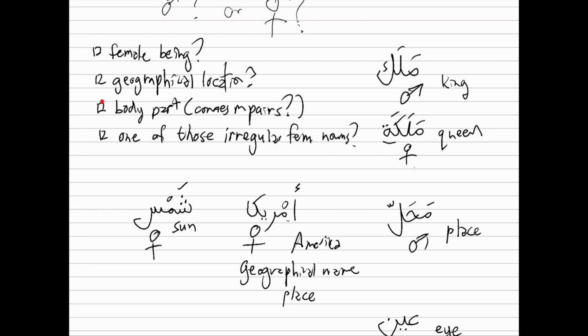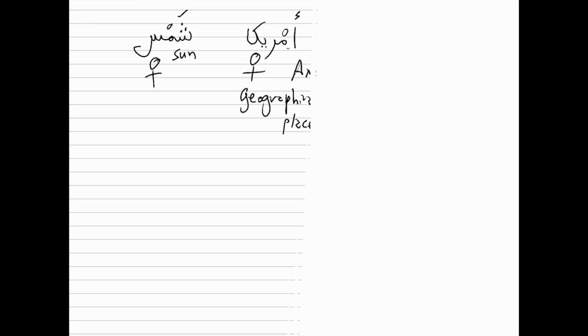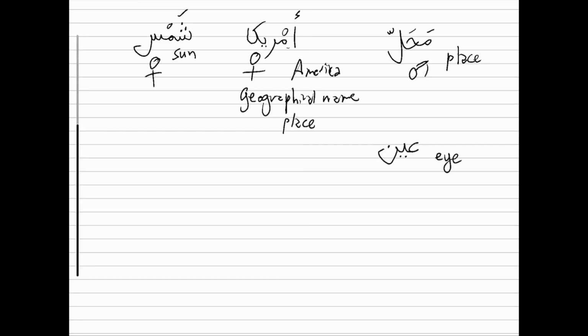It is in fact a body part, but does it come in pairs? Yes. Eyes come in two. So this is in fact feminine because it is a body part that comes in two. Again, a really odd thing to have, but yeah. And for ayn, these are the vowel markings.